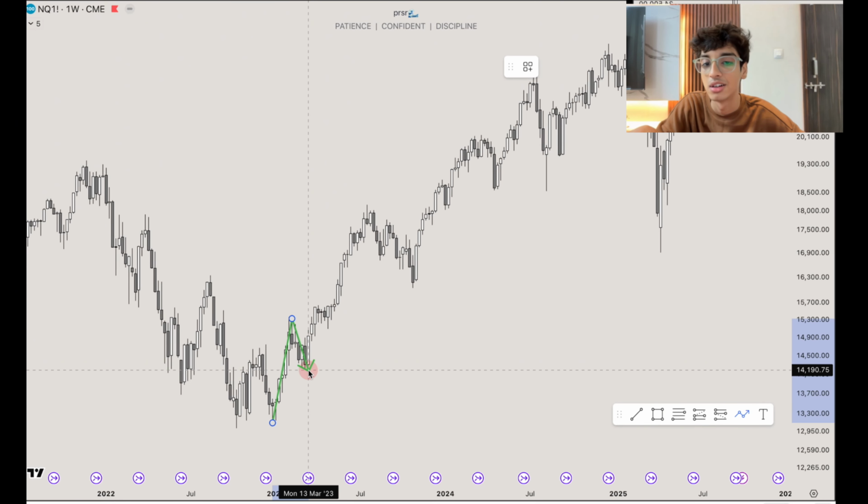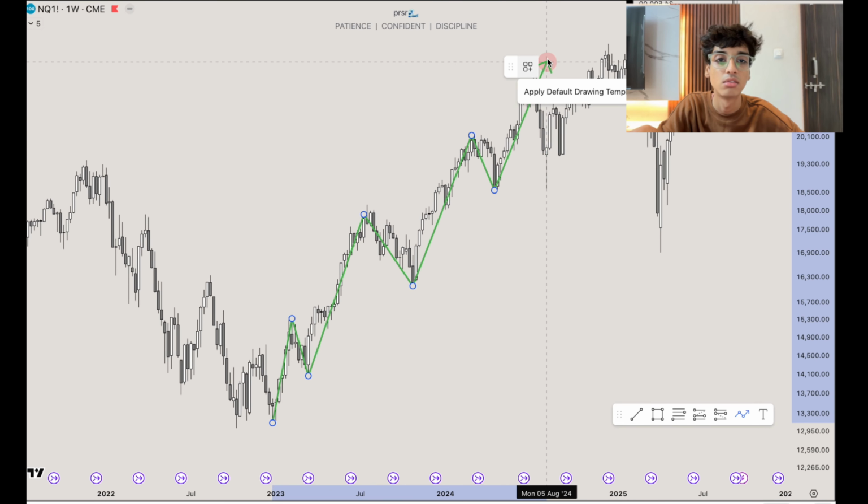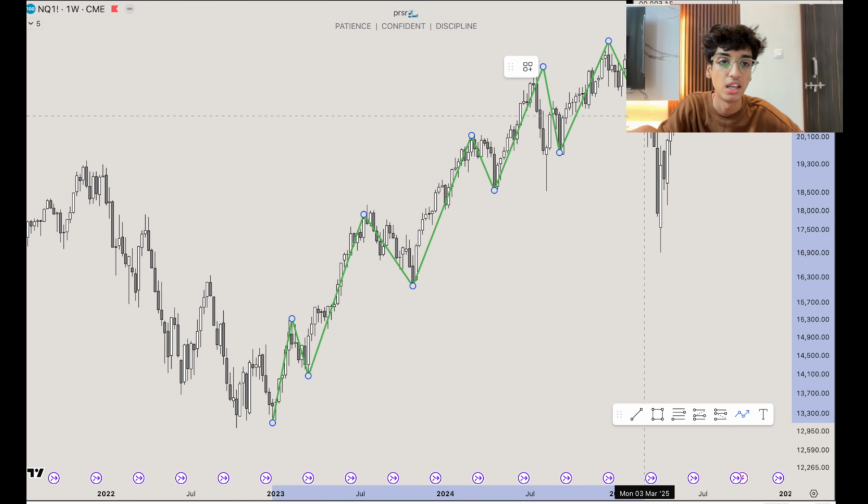You can recognize it: low, high, higher low, we again create a higher high, higher low, higher high, higher low, again a higher high, and then we create a lower low.